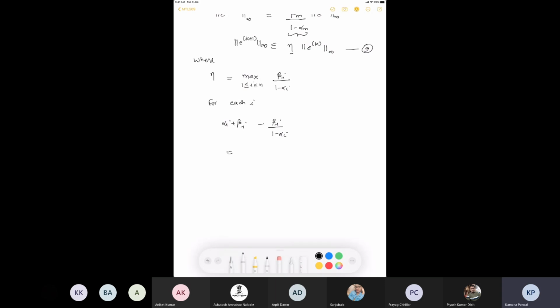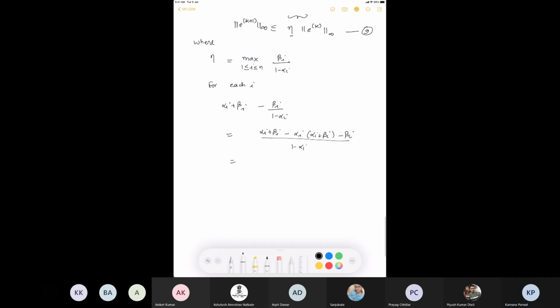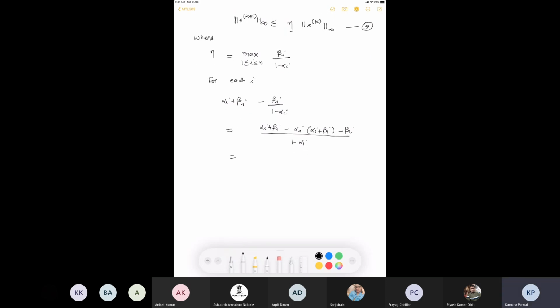Let's simplify this. If we just multiply here, we will get alpha i plus beta i minus alpha i plus beta i minus beta i divided by 1 minus alpha i. So beta i gets cancelled here, and let me take out the factor alpha i from here. So I'll get 1 minus alpha i plus beta i divided by 1 minus alpha i.